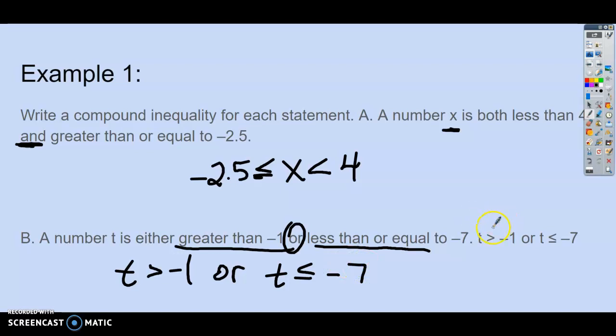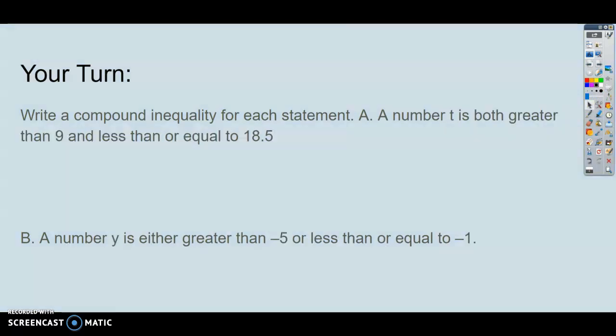All right, and I even have the answer out here at the end for you. All right, take time to make notes and then continue.